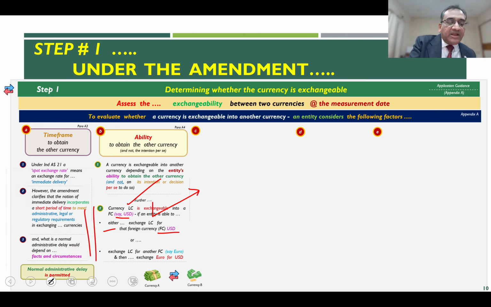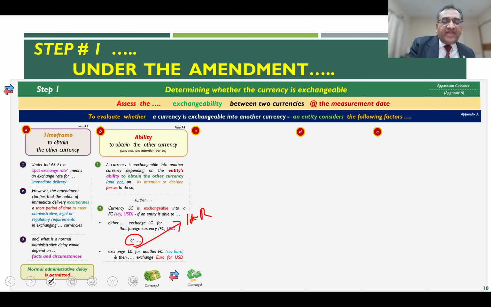Or, second point, exchange local currency INR into another currency, say Euro, which I said GBP in my example, and then exchange that GBP or Euro into USD. So, direct or indirect, either of them would satisfy this ability test for the exchangeability of the two currencies.